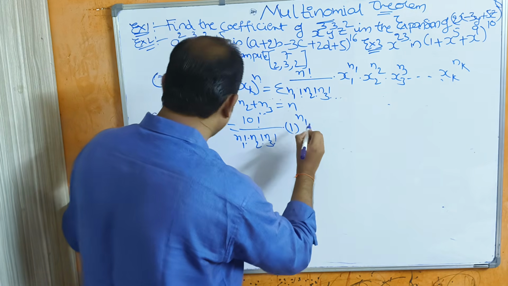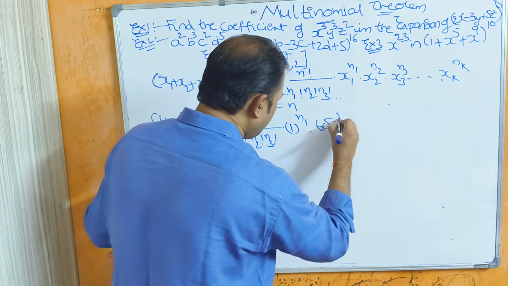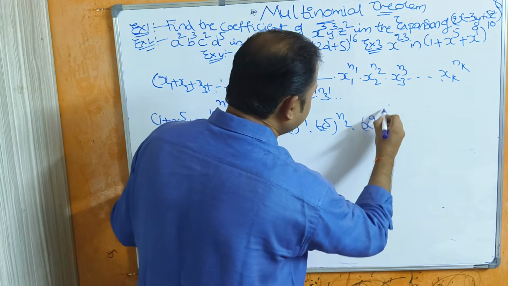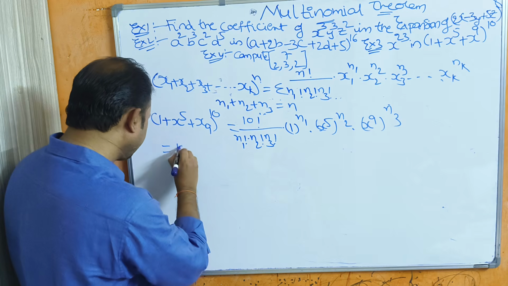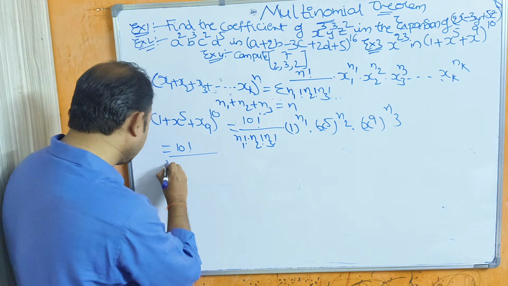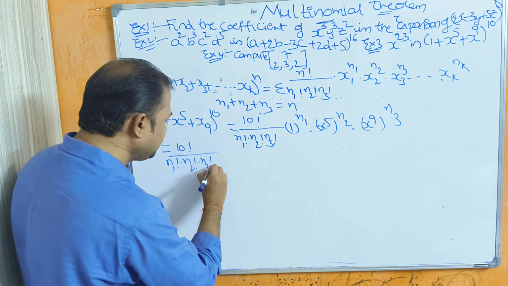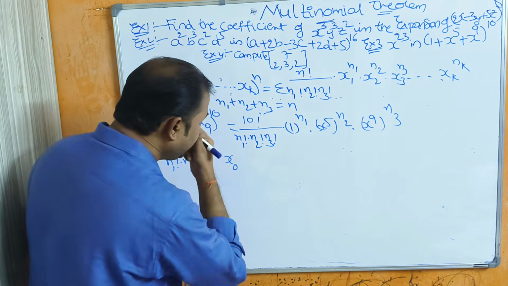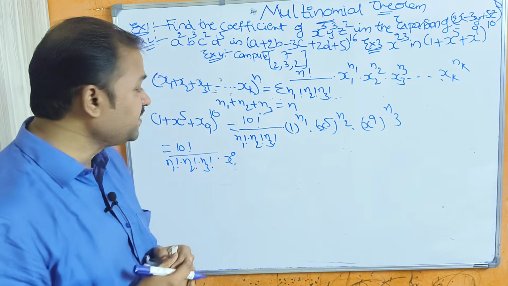We don't know what n1 is. Into (x power 5) whole power n2 into (x power 9) whole power n3. So let us separate this. So 10 factorial by n1 factorial into n2 factorial into n3 factorial into, we can write 1 as x power 0. Why? Because anything power 0 is nothing but 1 only.